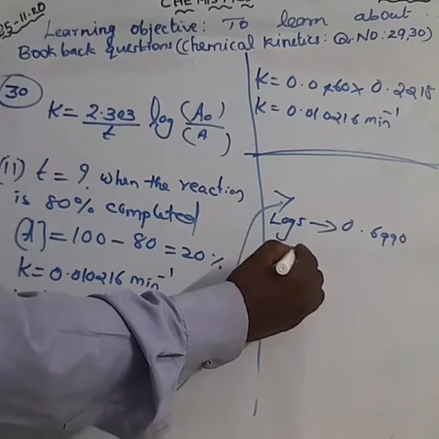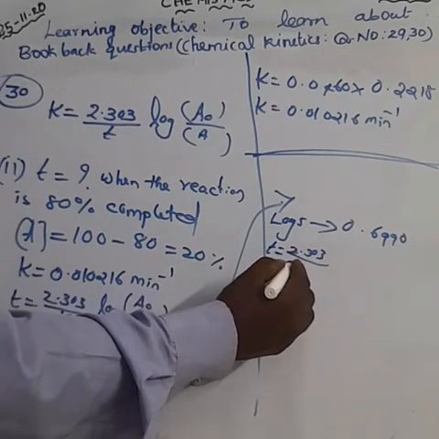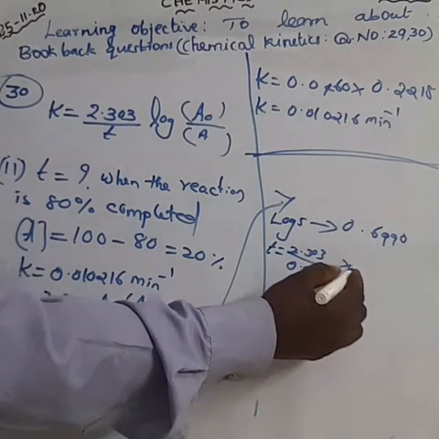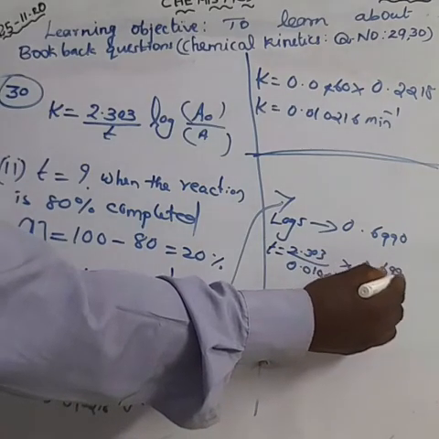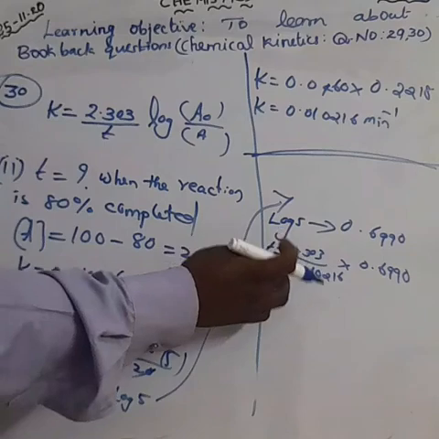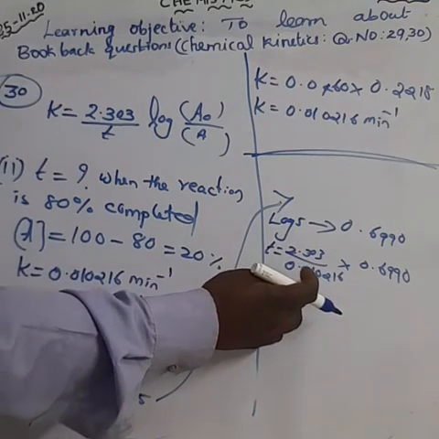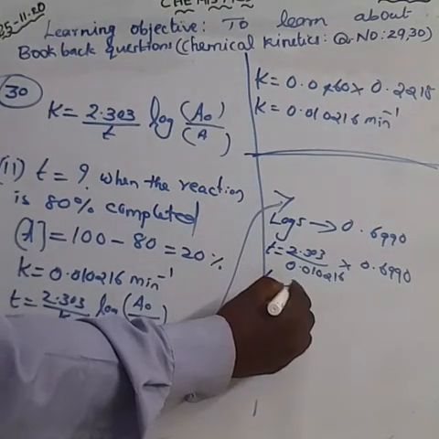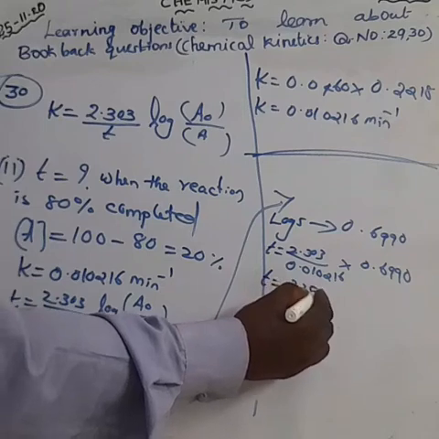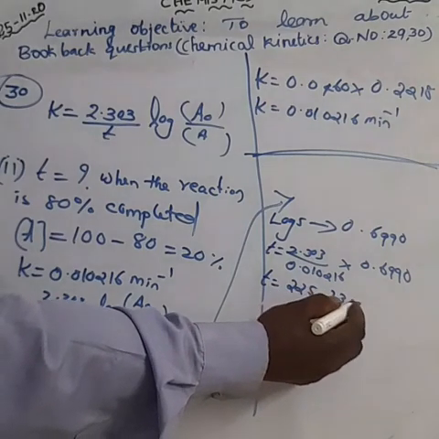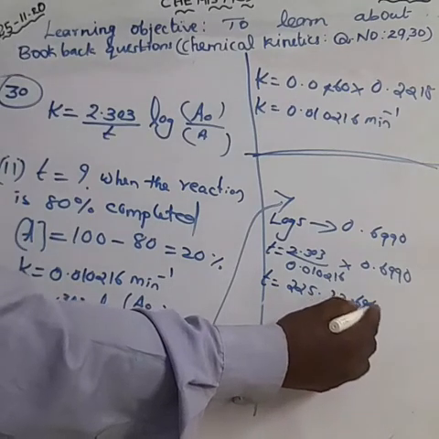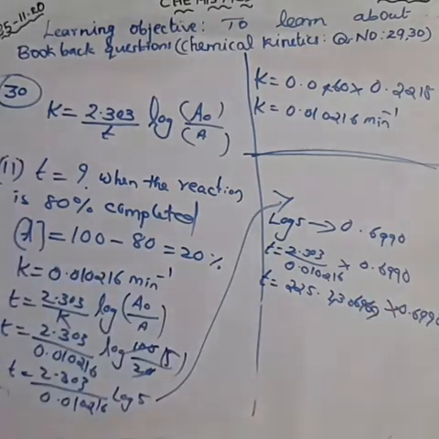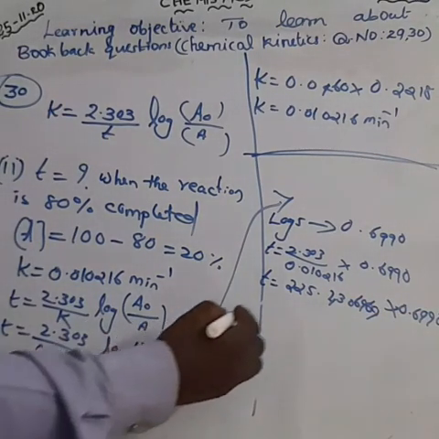T is equal to 2.303 divided by 0.010216 into 0.6990. Dividing 2.303 by 0.010216, the value becomes 225.4306969 into 0.6990.